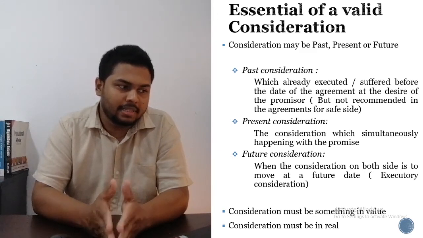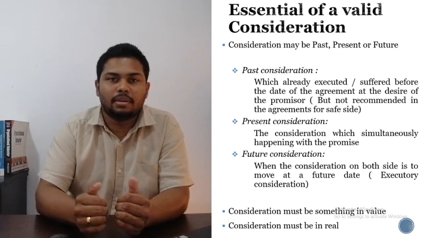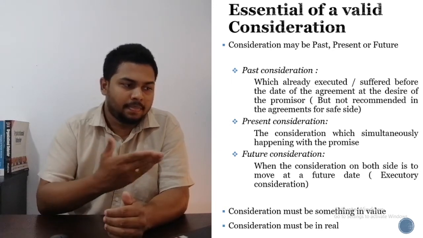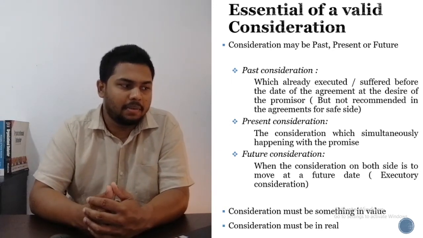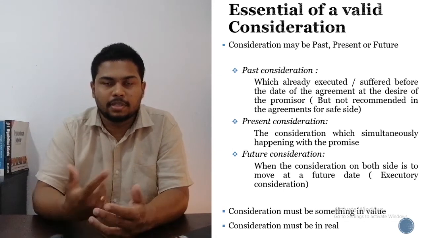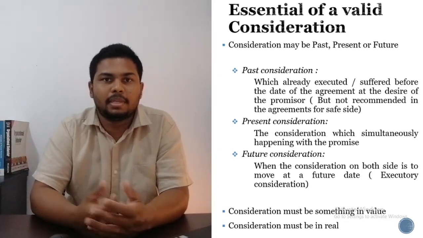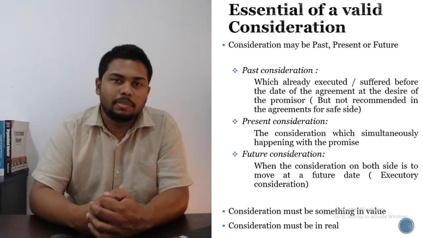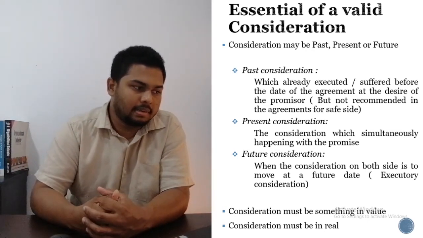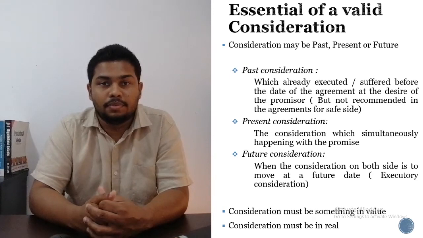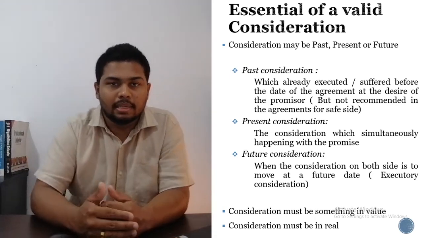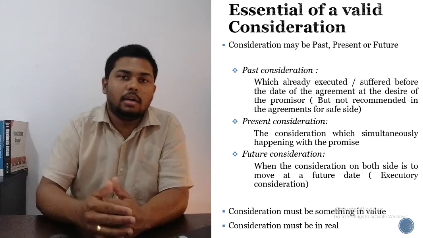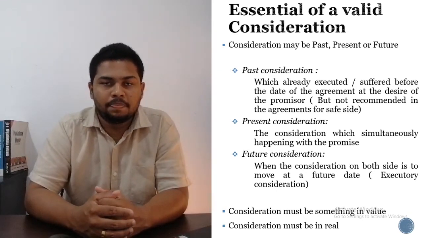When it comes to present consideration, you are simultaneously agreeing with somebody, or the consideration is happening simultaneously with the promise. Just because of the promise, you will give something in return. If you are the promisee, you will give something in return. That is called present consideration. Future consideration is an executory consideration, which is to be done at a future time.